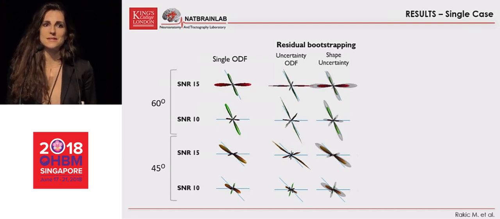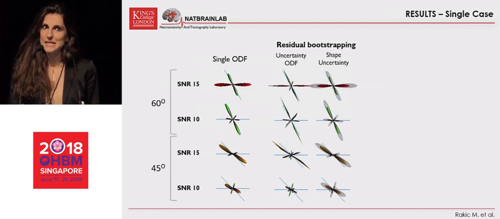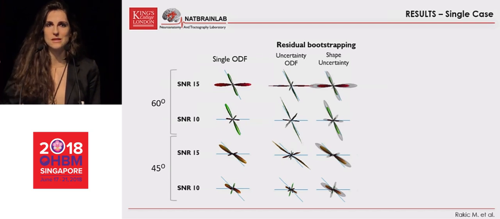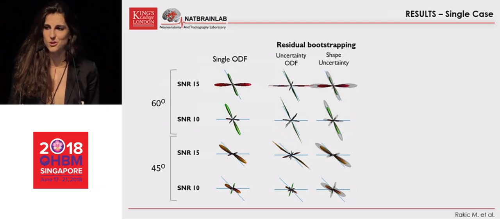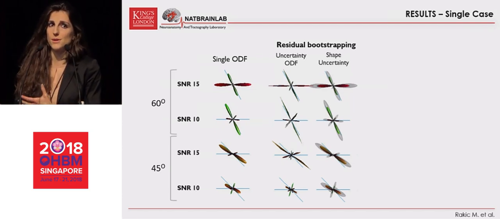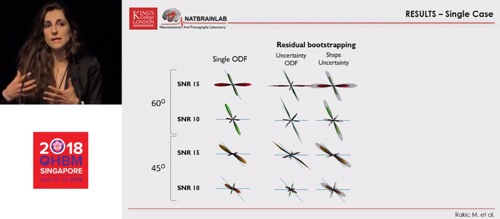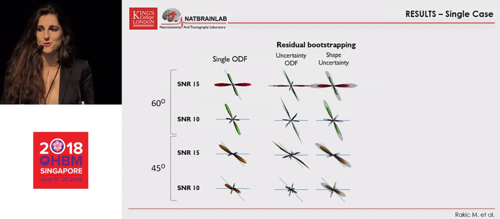So this might suggest that using the model-based approach of residual bootstrapping based on spherical harmonic signal decomposition might not be the best approach of modeling the actual noise that you get, the white noise in the signal acquisition, because uncertainty in the estimation of ODFs is a result of both the failures of the incomplete modeling of the signal, but also the noise and any potential artifacts in MRI acquisitions.